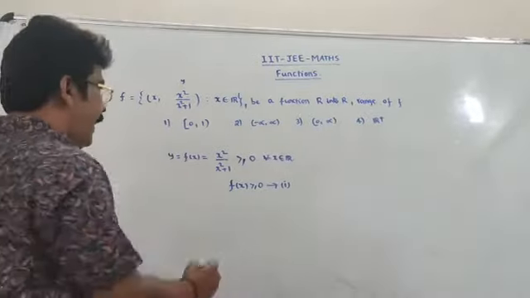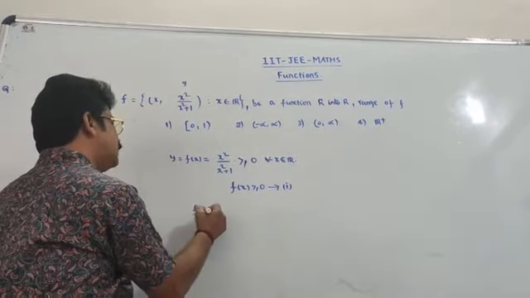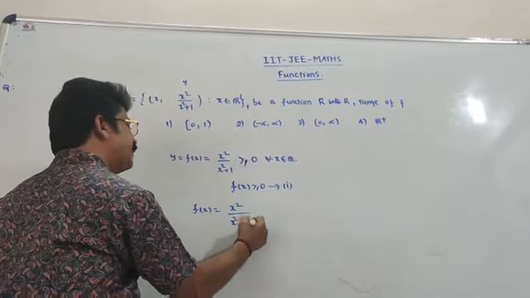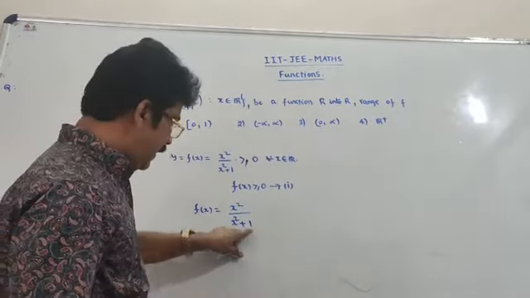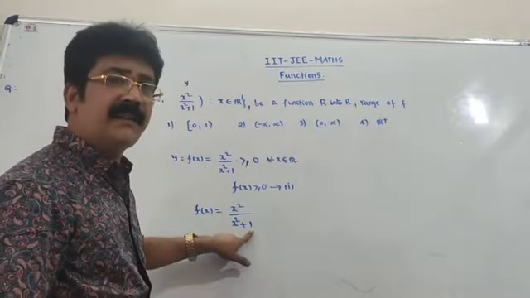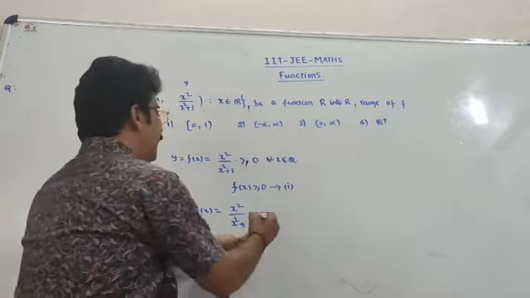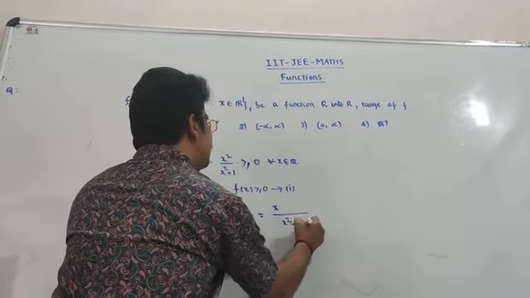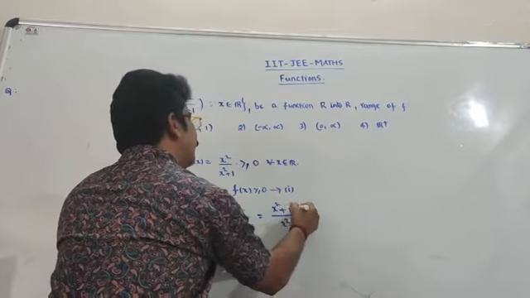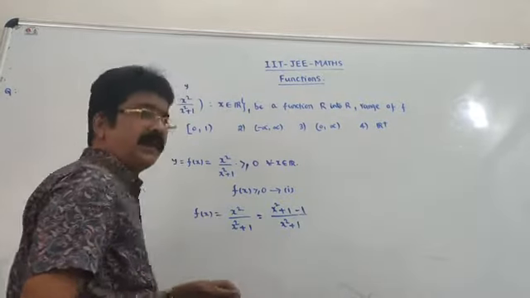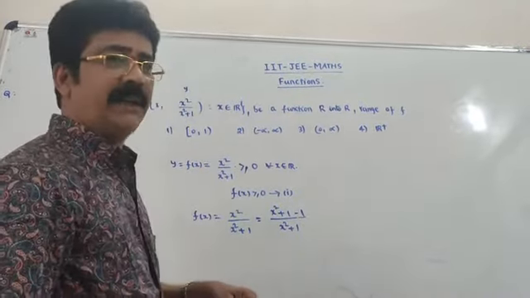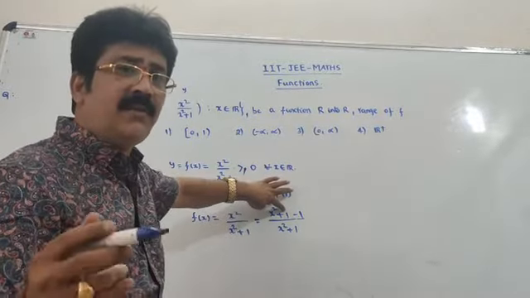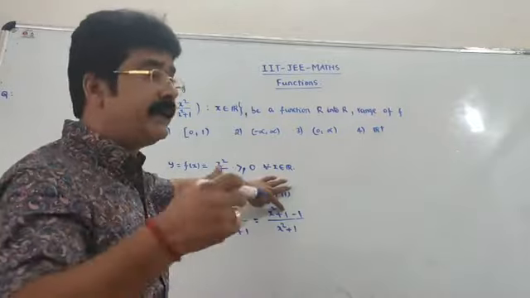Next discussion. Here, f of x equals x square divided by x square plus 1. Actually, observe the denominator: plus 1 is there. That's why we add the same constant in the numerator also, x square plus 1, and subtract 1, without loss of generality. You can ask me, sir, why should we add particularly 1, why not add another number?